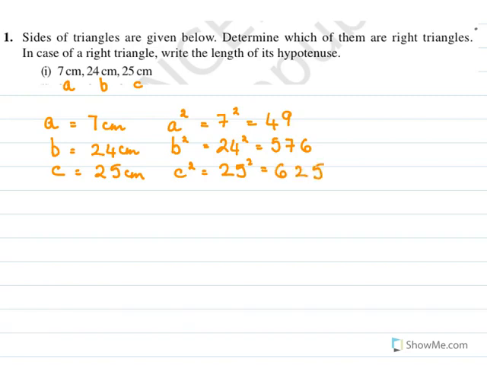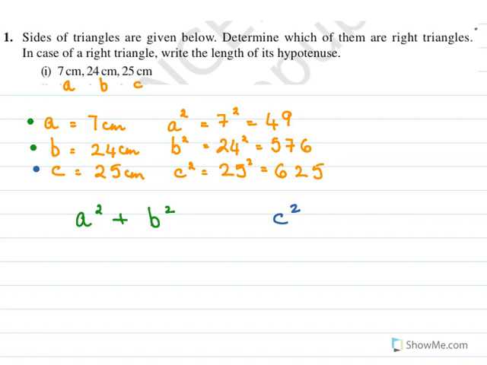And the next step, you take up the two smaller sides. And the smaller sides we see are A and B. And find the sum of their squares. Find what is A square plus B square. And then take the third side, which is C, and find C square. So we substitute.